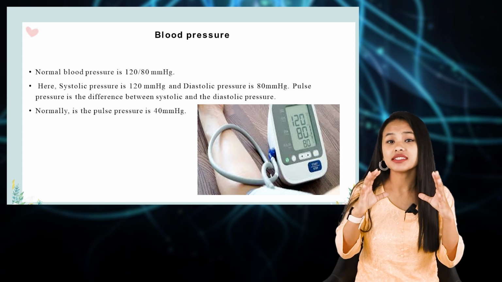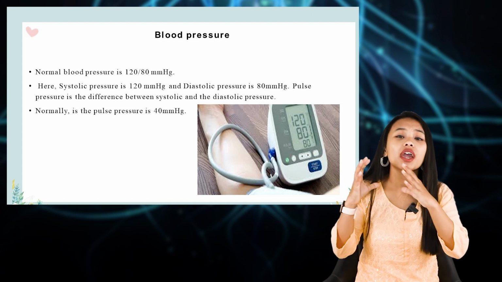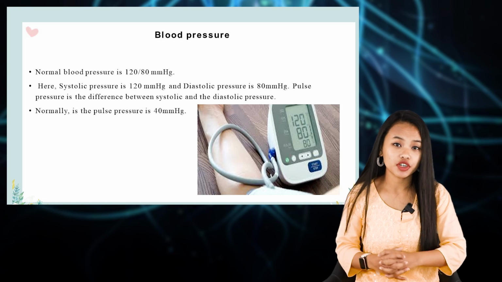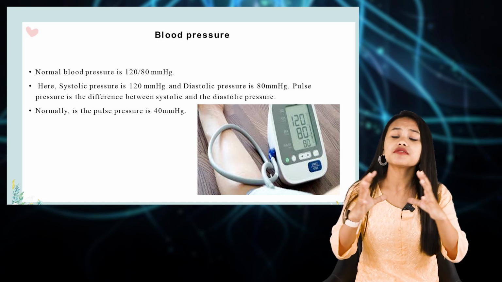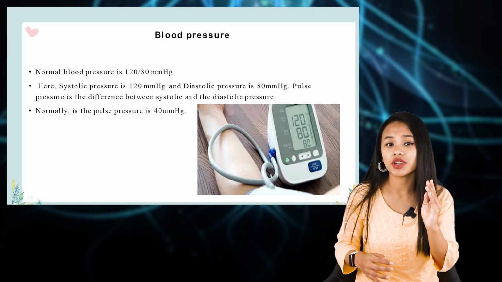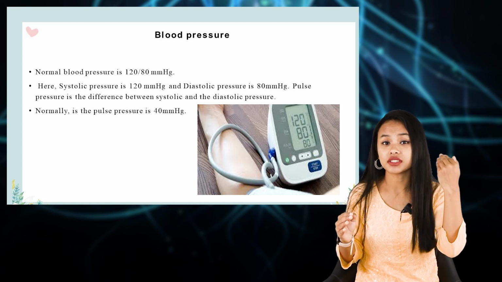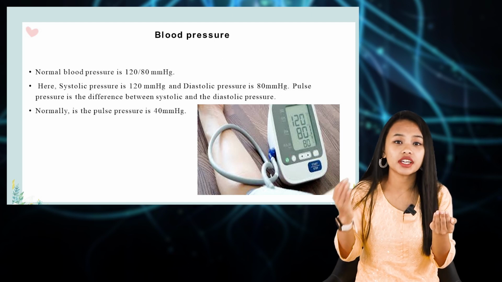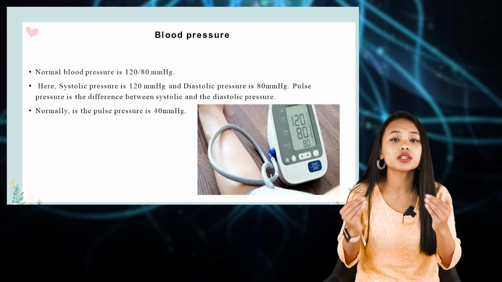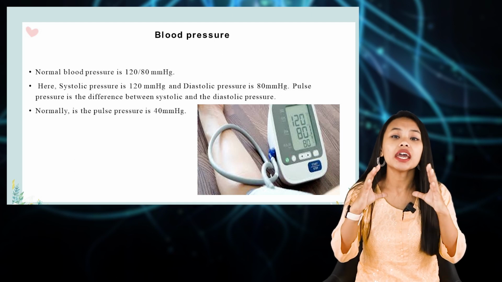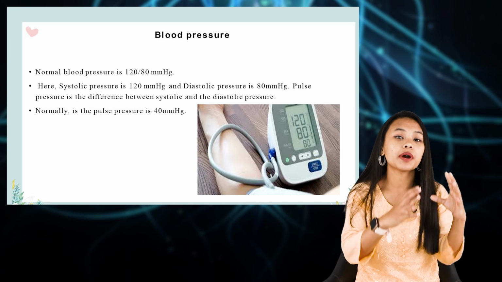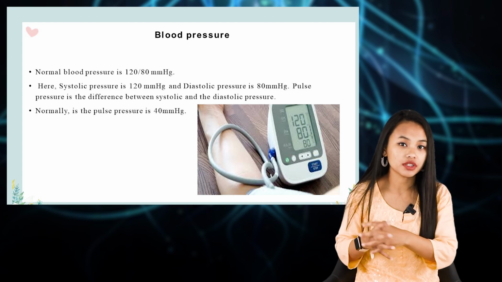So how can you calculate it? As I've said, the normal blood pressure is 120 by 80, where the systolic is 120 and the diastolic is 80. So 120 minus 80 equals 40. This is also the normal pulse pressure of an individual.